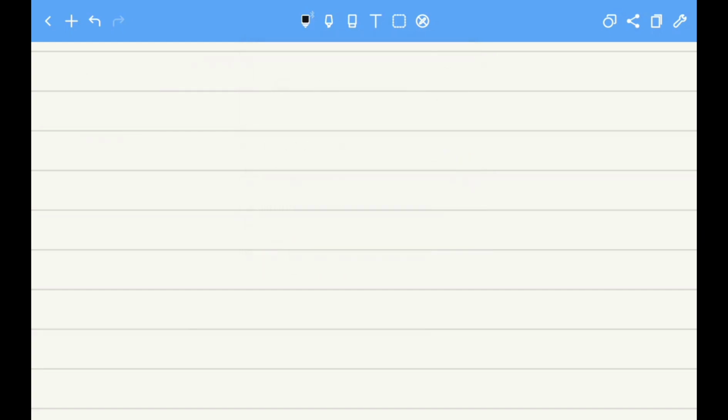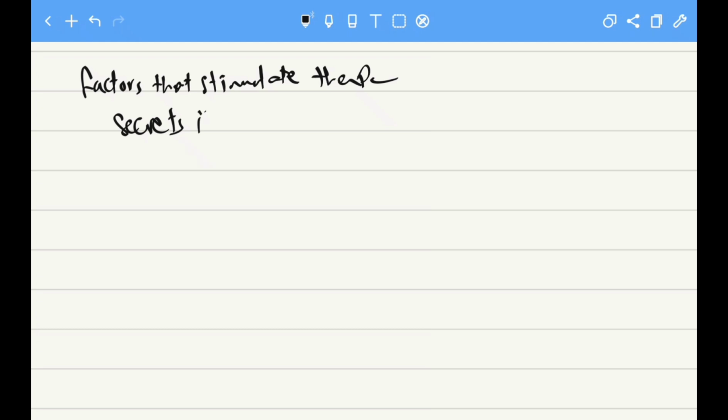And can you tell me what are the factors that stimulate the pancreas to secrete its secretions? There may be vagal stimulation. The vagus nerve can cause the pancreas to secrete its secretions.